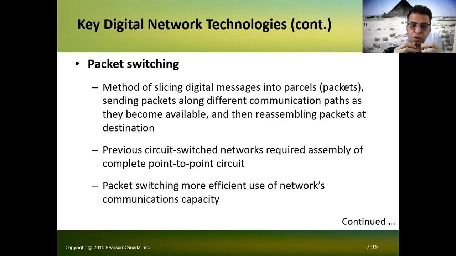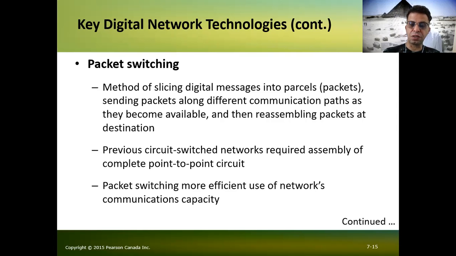So your digital message, when it's sent, is first cut into small packets and sent through different communication lines. And when it comes to the end, they are assembled together. These packets are made up of different things. One can have the address for the rest of the packets to be collected, and another could be the body of the message.